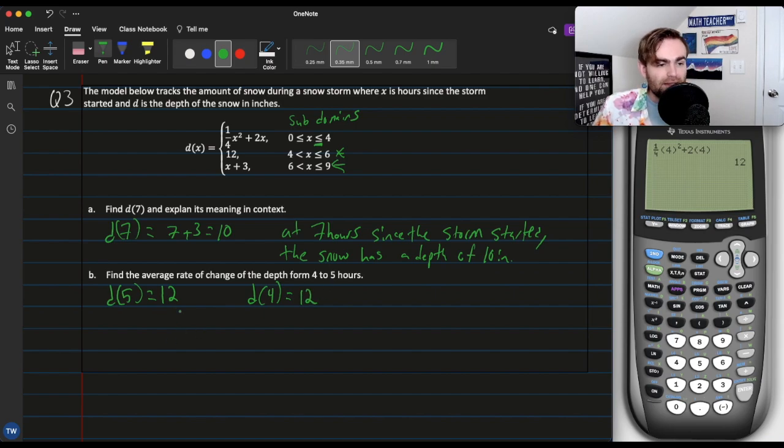Well, that's anticlimactic. We have 12 take away 12 over 5 take away 4. We get 0 over 1. So 0 is our average rate of change between 4 and 5 hours. The depth didn't change at all in that time frame, or the average change in depth was 0.